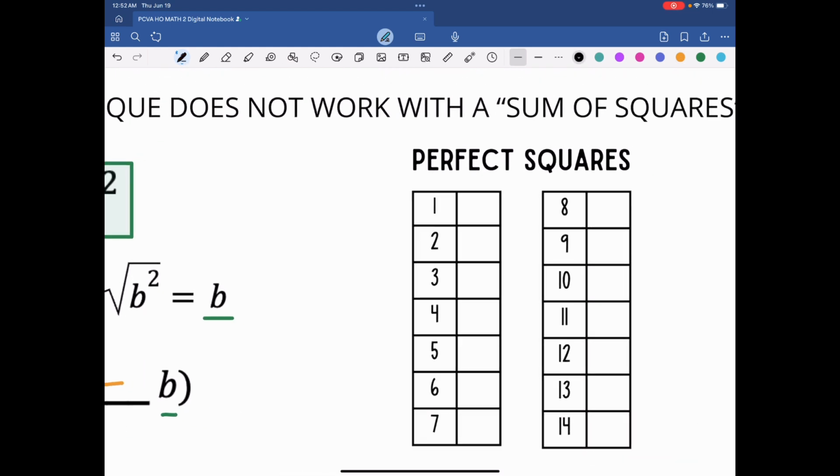So, 1 squared is 1, 2 squared is 4, 3 squared is 9, 4 squared is 16, 5 squared, 25, 6 squared is 36, 7 squared is 49, 8 squared is going to give me 64, 9 squared is going to give me 81, 10 squared is 100, 11 squared is 121, 12 squared is 144, 13 squared is going to be 169, and then 14 squared is going to be 196.